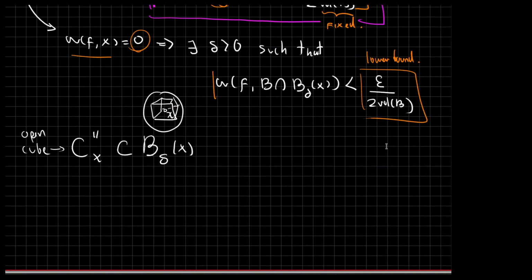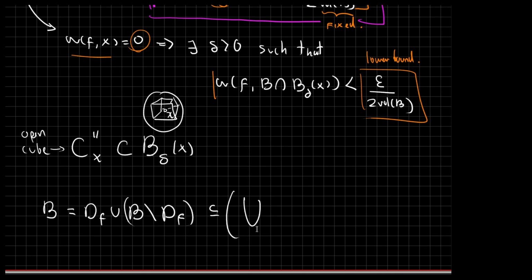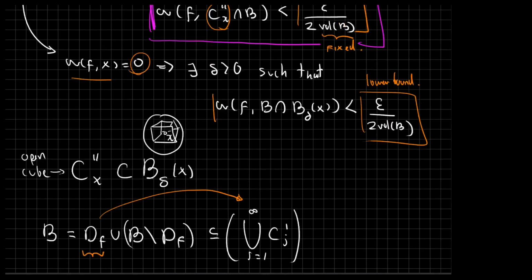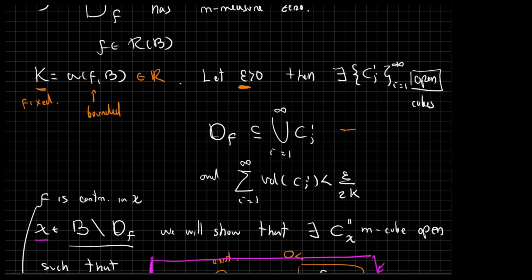Now, continuing, we need to observe also that the domain can be written like this. And then this is in turn included in this set. This is because this set of discontinuities was covered by this family, the family that we defined at the beginning.